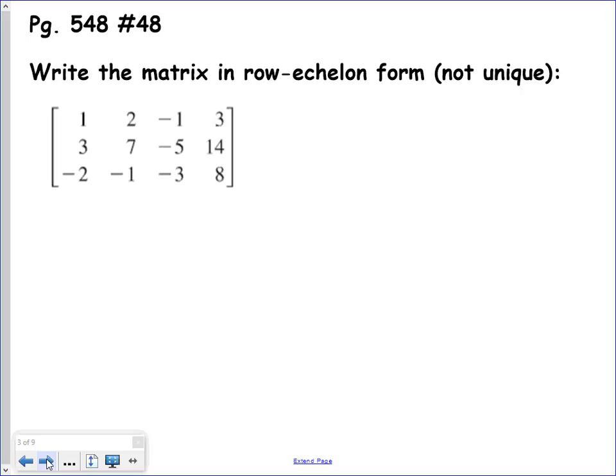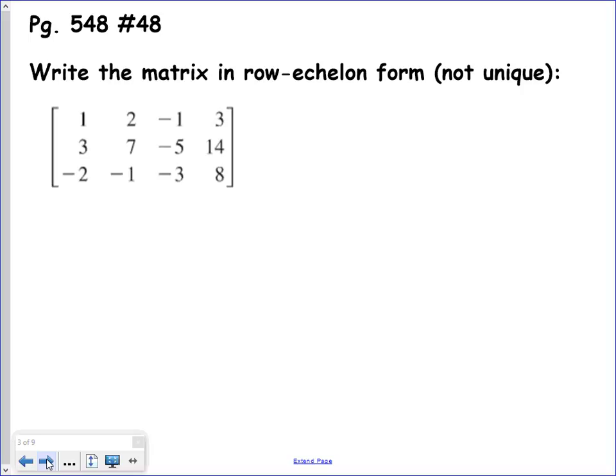What I want you to do, and notice this is not an augmented matrix, this is just a matrix, 3 by 4 order, and it just has entries. When we actually solve a system of equations, we need an augmented matrix. This is not that, so we're not actually solving a system, but other matrices can also be written in row echelon form or reduced row echelon form.